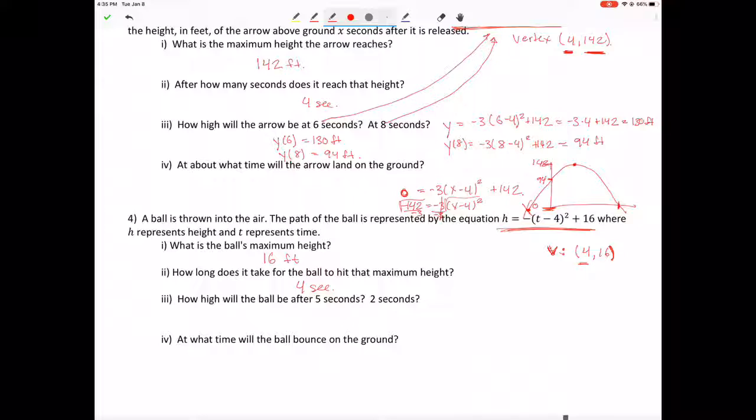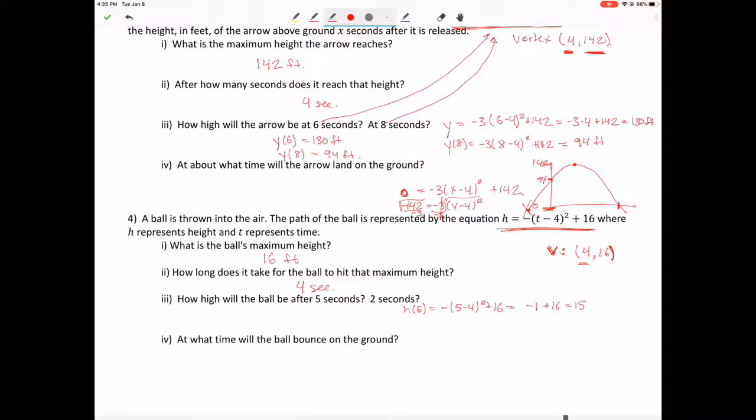And then how high will the ball be at 5 seconds and 2 seconds? What you're going to do is plug in. The height at 5 seconds equals negative (5 minus 4) squared plus 16, and then you simplify. That gives us negative 1 plus 16 equals 15.